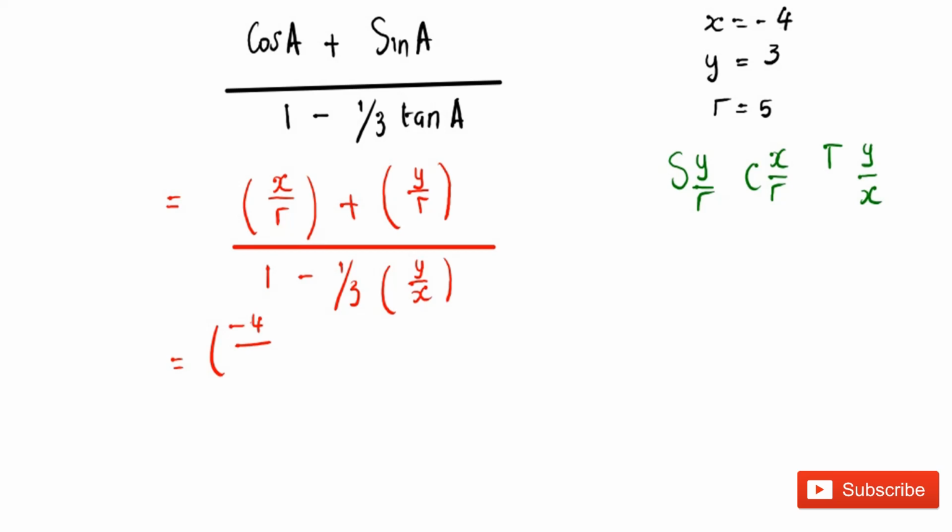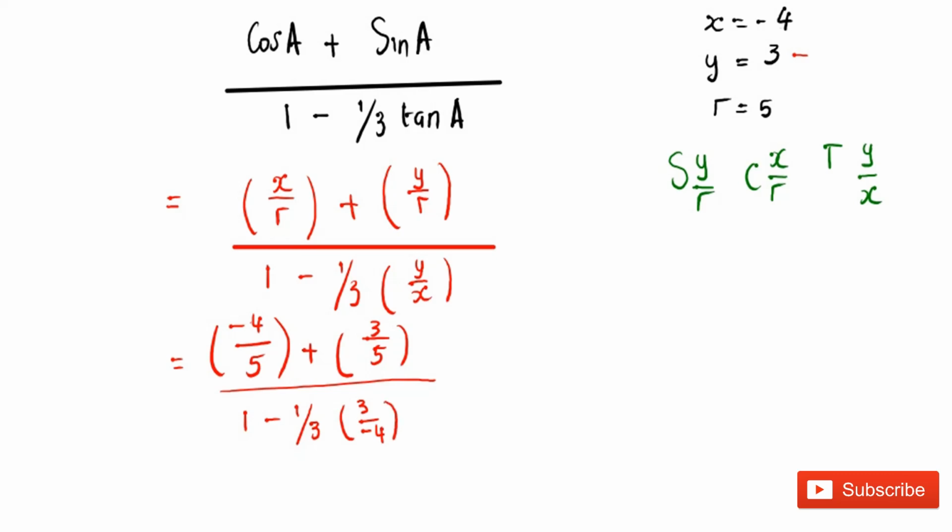So we have negative 4 all over 5 plus y, which is 3 over 5, all over 1 minus 1 over 3 multiplied by y over x, which is 3 over negative 4.